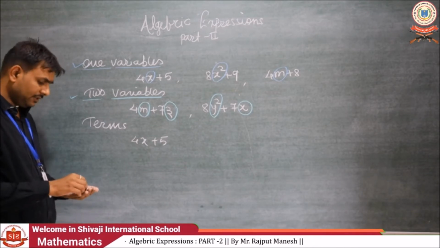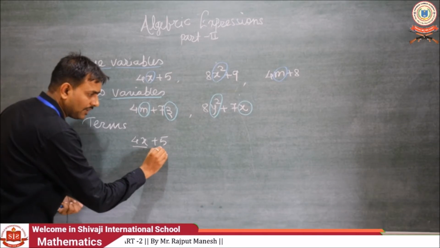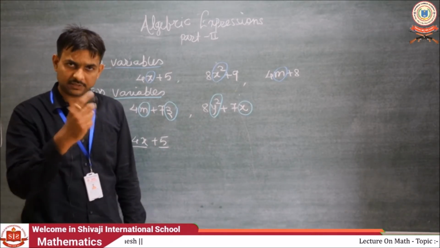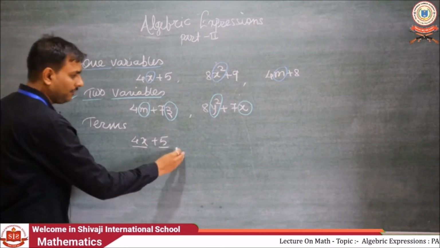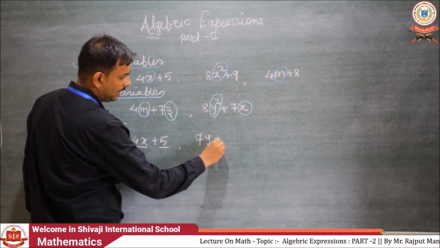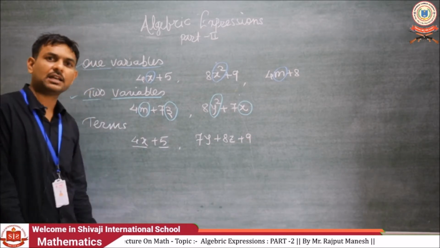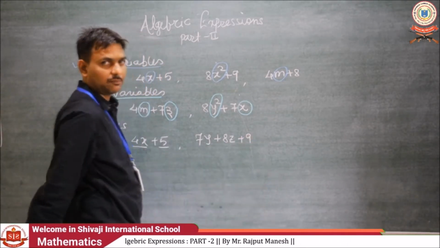Very simple thing. Here 4x is one term and 5 is another term. Means how many terms are here? Two terms. Clear? 4x plus 5. And if we take one more example, suppose 7y plus 8z plus 9, how many terms are here? 1, 2 and 3. Three terms are here.